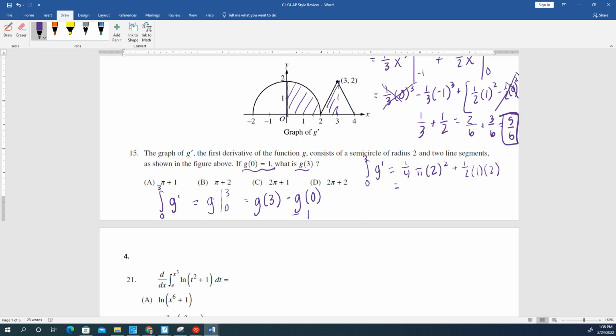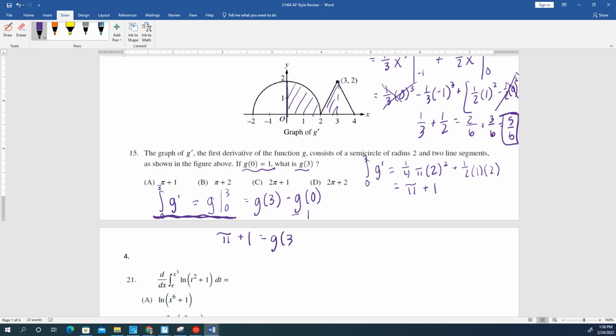Here 2 squared is 4, 1/4 of that gives pi, plus 1/2 times 2 times 1, which is 1. I wrote my work differently and wondered where this other plus 1 was coming from. It's coming from here. So pi plus 1 is the area under the curve.